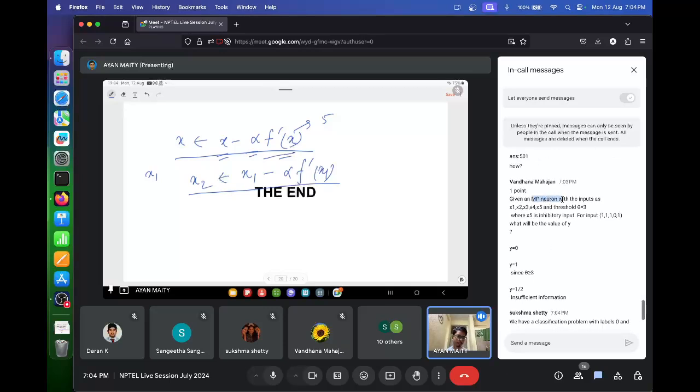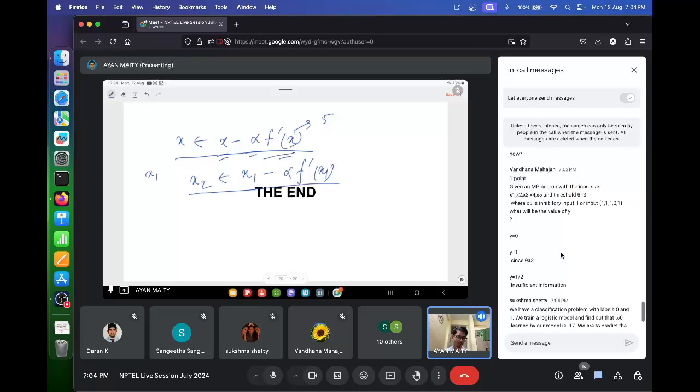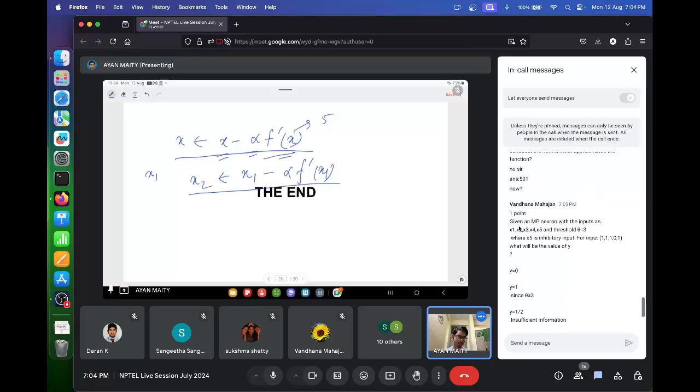For this MP neuron question, this should be easy, isn't it? x1, x2, x3, x4, x5, theta is 3, and x5 is an inhibitory input. For input 11101, what will be the value of y?